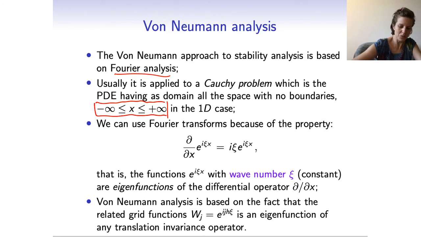And we can use the Fourier transforms because of this property. So the derivative of an exponential function according to x will be given by this.